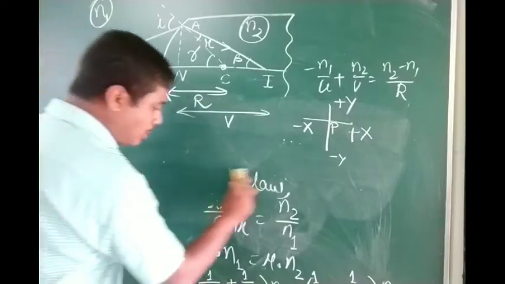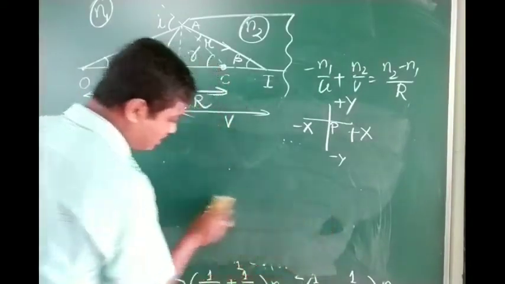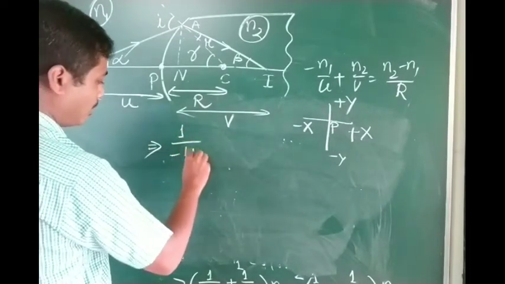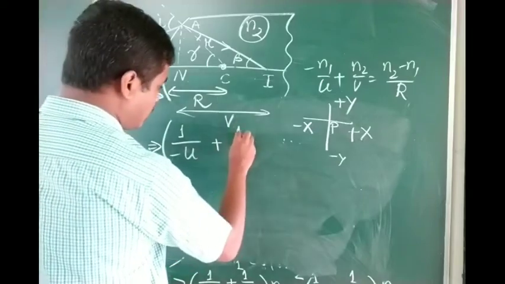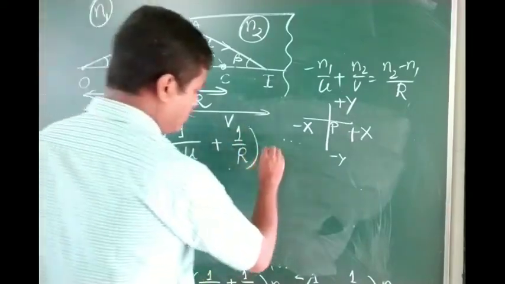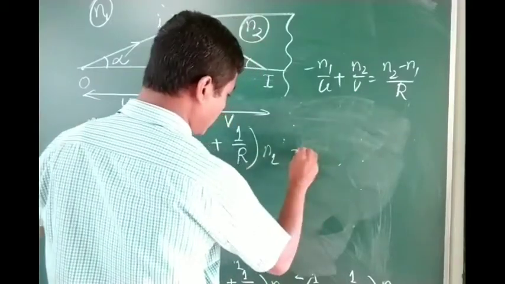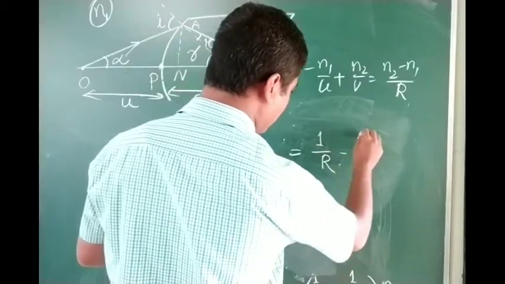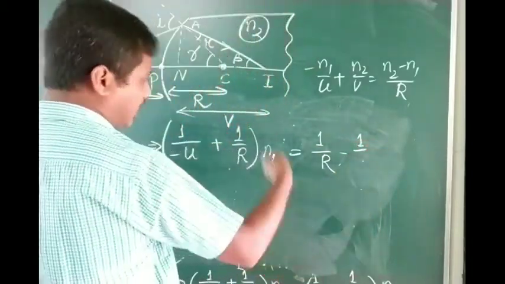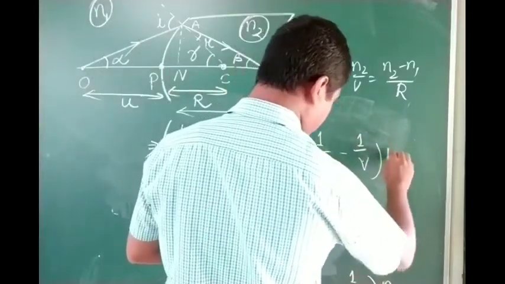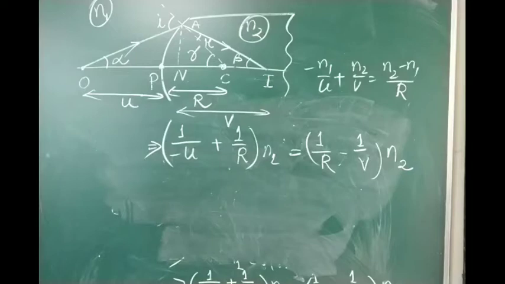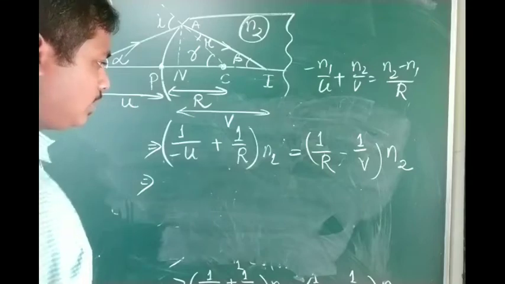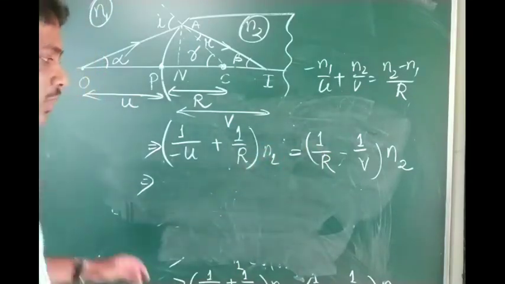So, if I go on putting the values now in the equation that we have got, it implies 1 by PO, that will be 1 by minus U, plus 1 by PC, that will be 1 by radius of curvature, into N1 equals to 1 by PC, so it will be 1 by R, minus 1 by PI, again on the right hand side, V, into N2. Then we can do one thing, both left hand side and right hand side we have N2 and N1.